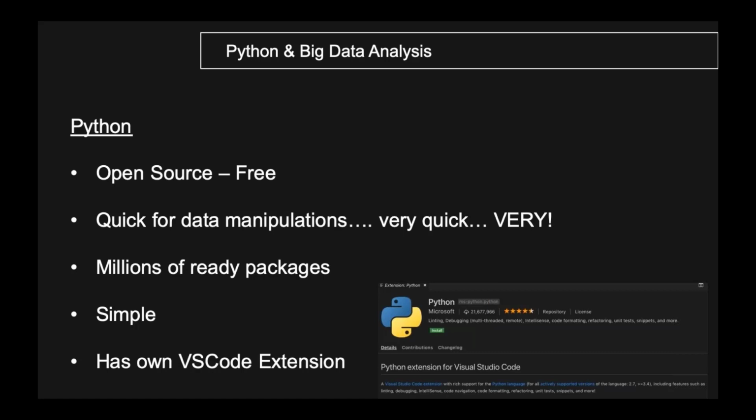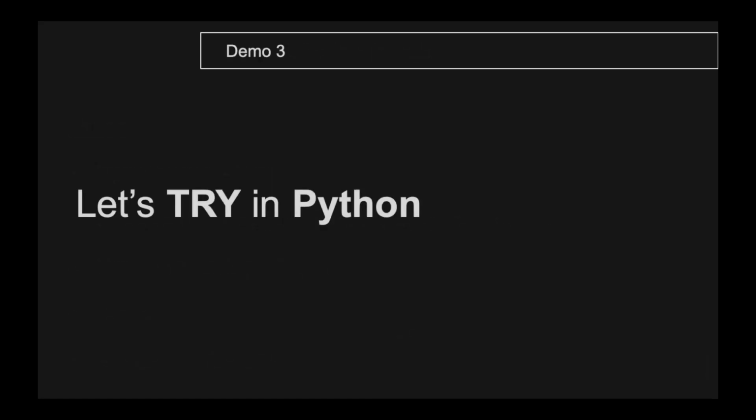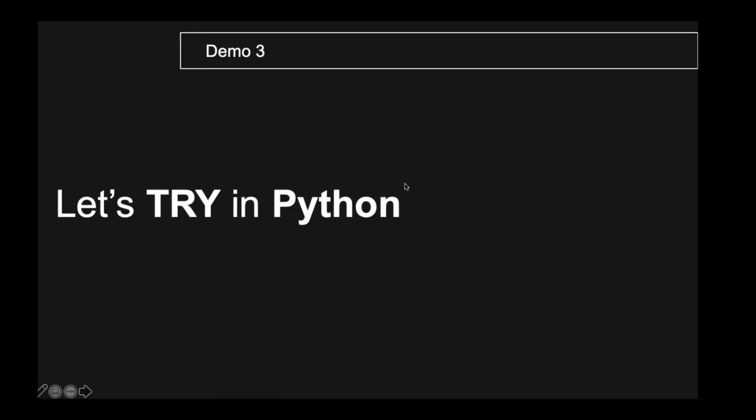It also has extensions, it's simple, and it has its own Visual Studio Code extension. So why not use that? Why not at least try to solve this task with Python and then connect Python to Business Central. So let's try to do that in Python.